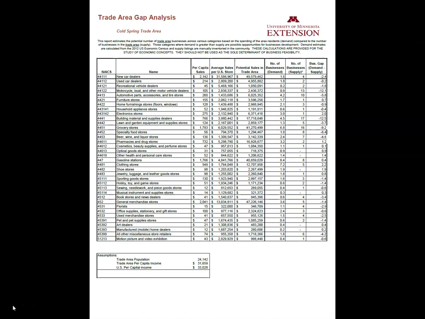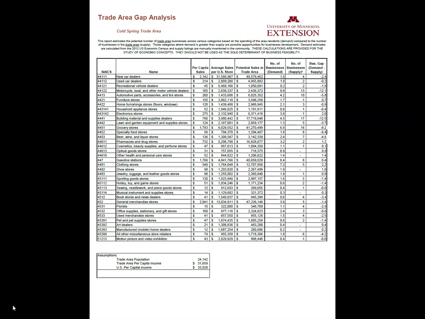Per capita sales in the United States, the last time the U.S. Economic Census was conducted, was 2,142. Average sales per U.S. store was about 31 million, maybe 32 million, somewhere in between there. Potential sales in the trade area, $49 million, 579,462.